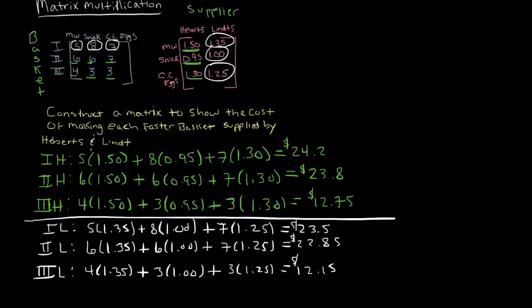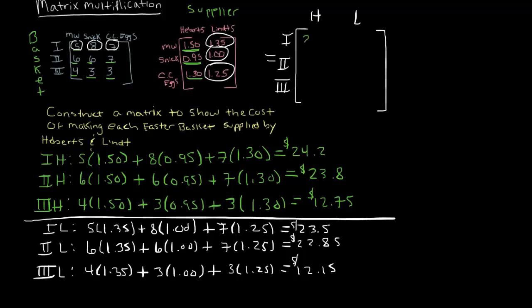The best way, I think, to display the information would be to make a new matrix where we have the cost of basket 1, basket 2, and basket 3, buying them from Hebert's and then buying them from Lentz. So we see that basket 1 from Hebert's would be this top left entry.